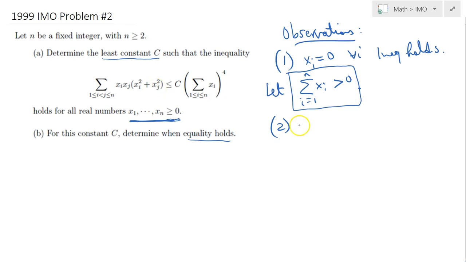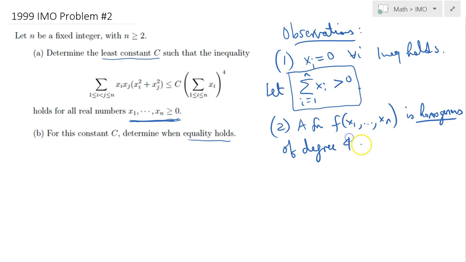So recall that a multivariable function f of x1 through xn is homogeneous of degree 4 if this holds, right?